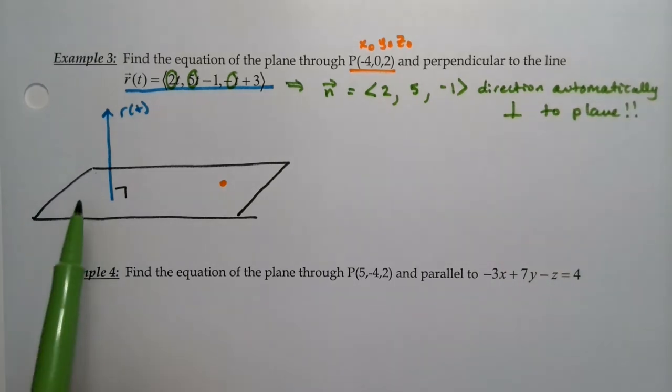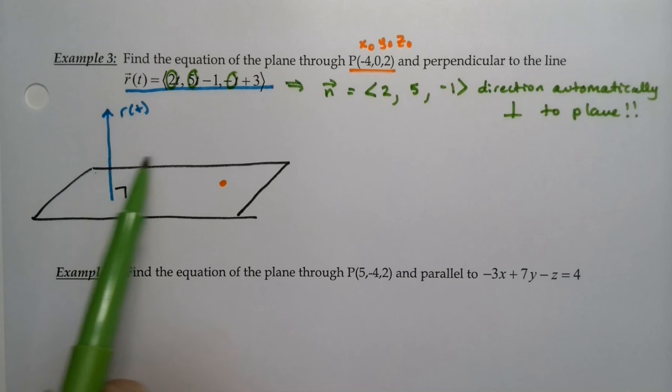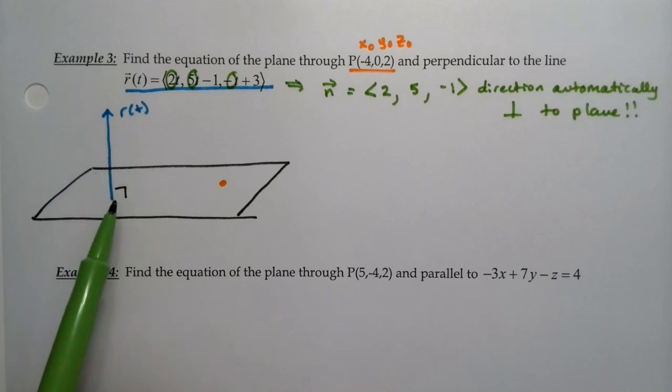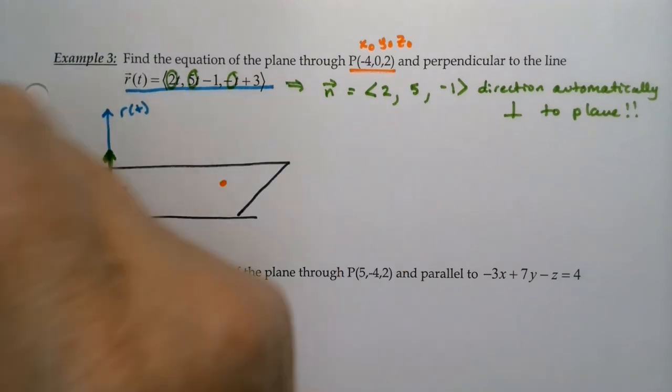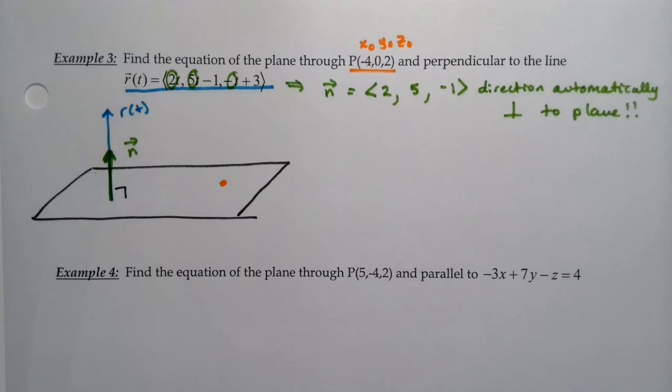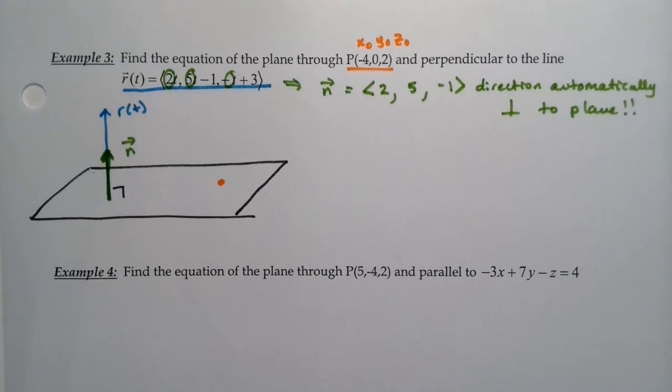So you're saying, hey, there are stacks and stacks of planes that are perpendicular to this, right? So if I have my n right here, which is the direction that this is heading, that's some component of the r(t). Because the n part is free, I can put it wherever I want, because it's a direction vector.